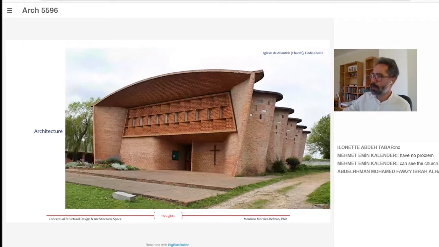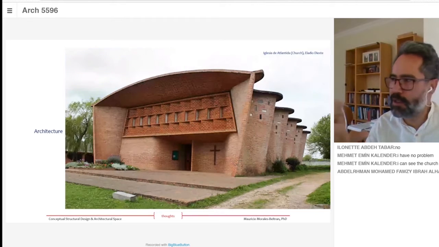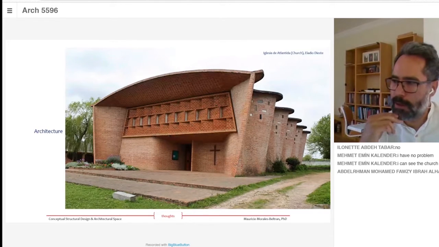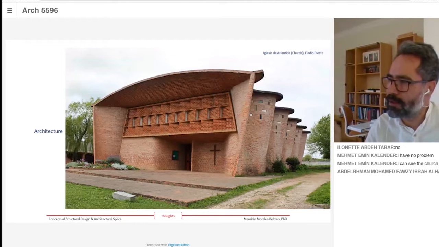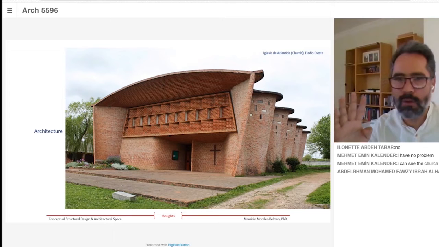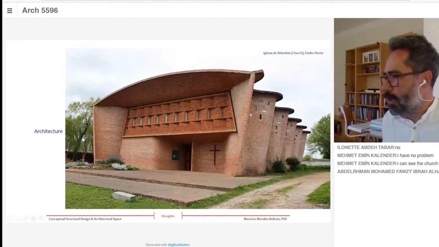So the point I was trying to make is that in this church, it is not only the tectonic of the material that is creating this piece of architecture, it is also the understanding of the best way that we can create a wall that is self-supporting. This is a ruled surface, and at the bottom there is a straight line.